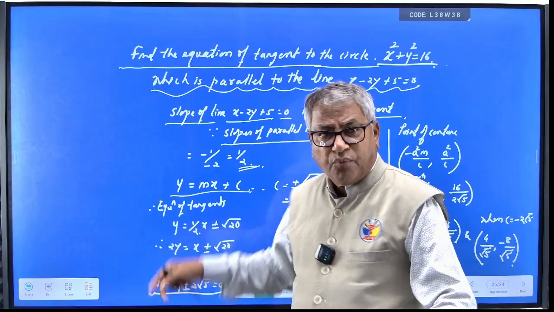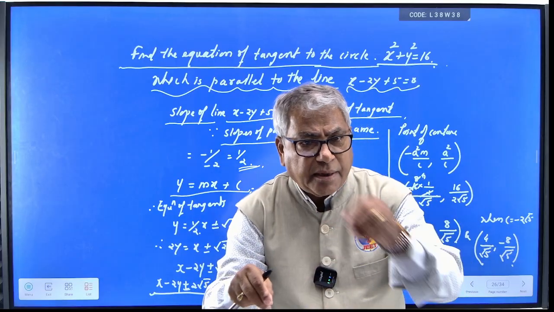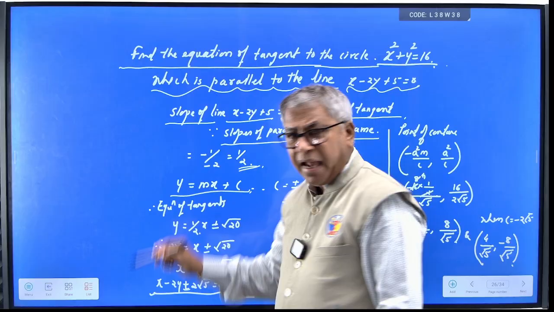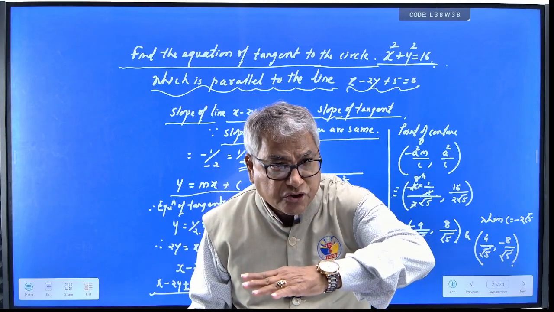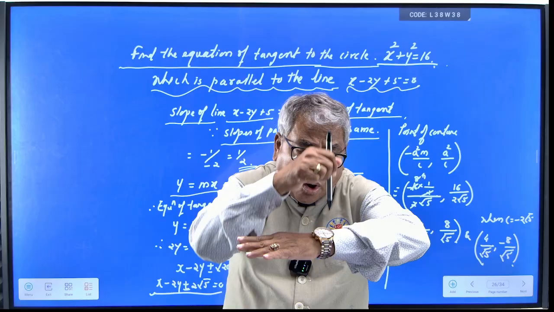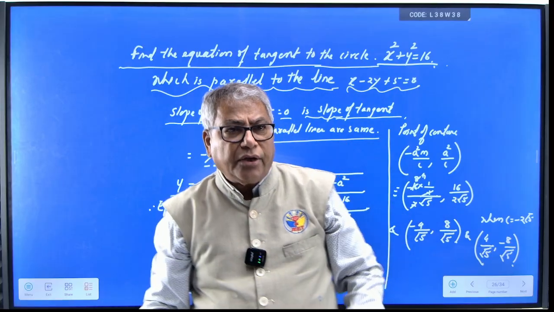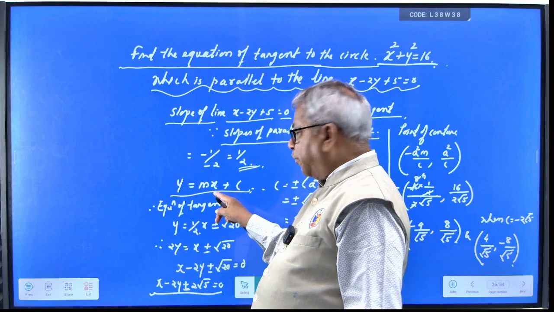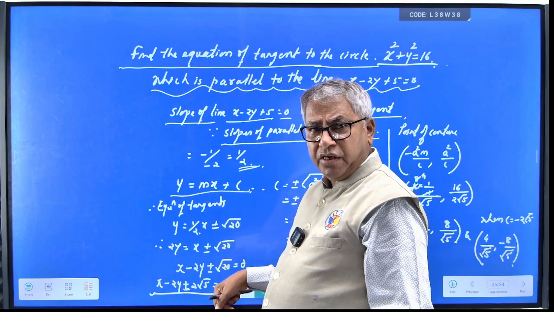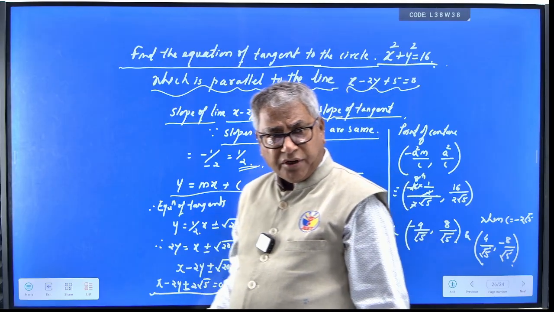So in that case, you find the relation between c and m, c in terms of m. And then take this line; if it is a tangent, its distance from the center is equal to the radius. Compare, so that you will find the two values of c or m. If you find the value of m from there, you get c; if you find the value of c, you get m.